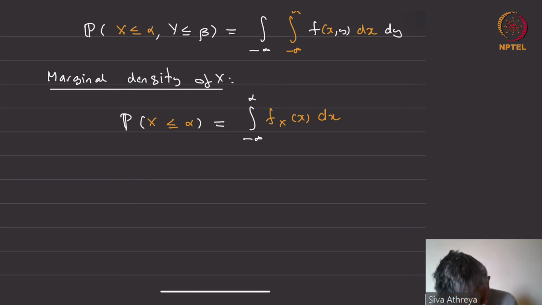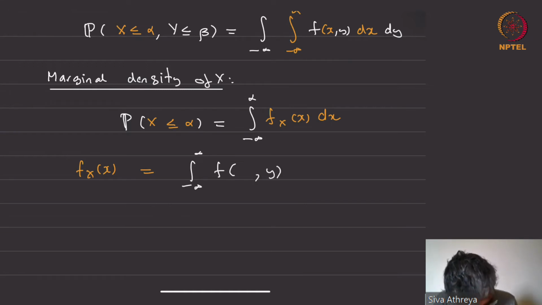So f sub x of x is the integral from minus infinity to infinity of f at the point x, y dy. So I want to integrate out y, keeping x fixed.